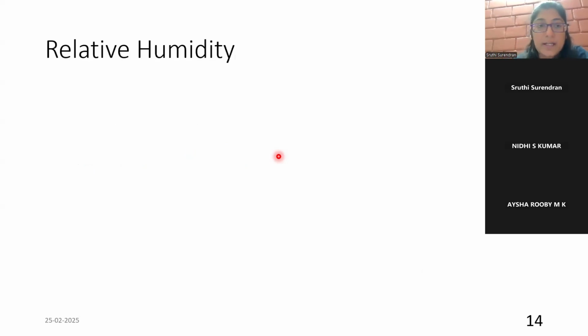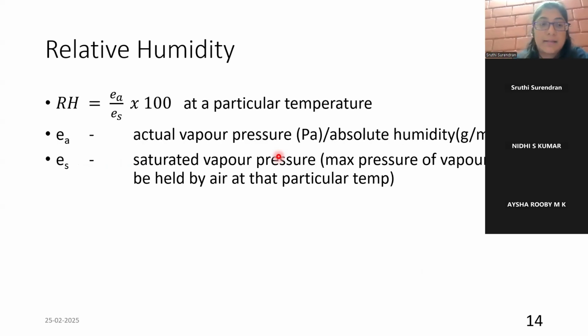So relative humidity is nothing but the actual humidity or the absolute humidity or the actual vapor pressure. I will be using mostly actual vapor pressure, but like I said, this vapor can be talked about in terms of mole fraction, in terms of pressure, in terms of grams per meter cube, or in terms of grams per kilogram.